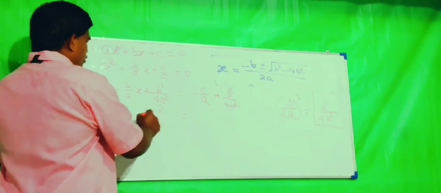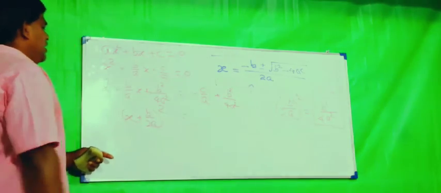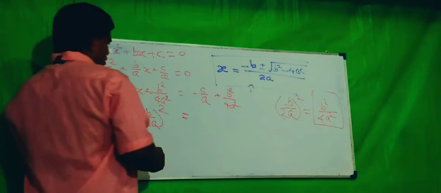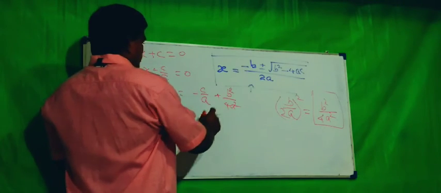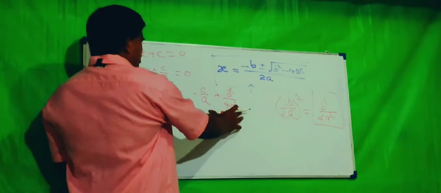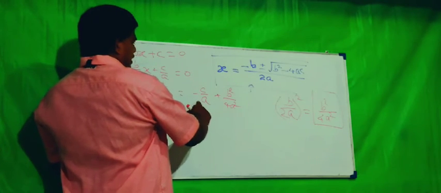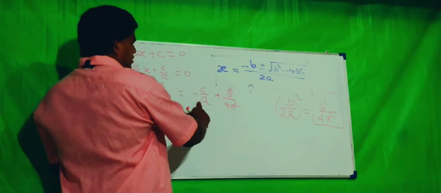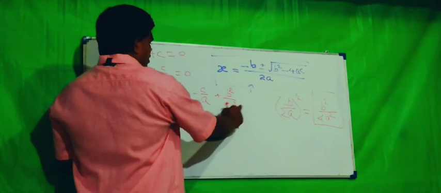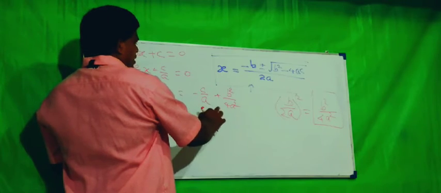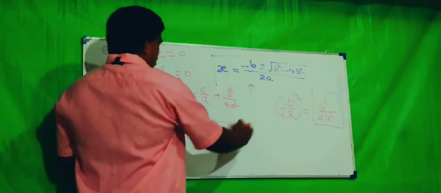Half of the coefficient is b upon 2a. This is the complete square. Meanwhile, the right side is simplified as fractions. Here the denominators are different, 4a squared and a. To simplify, the denominators should be equal.